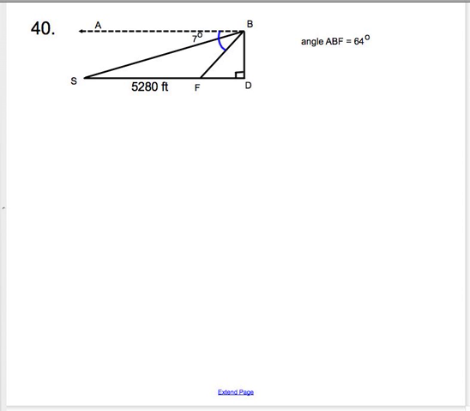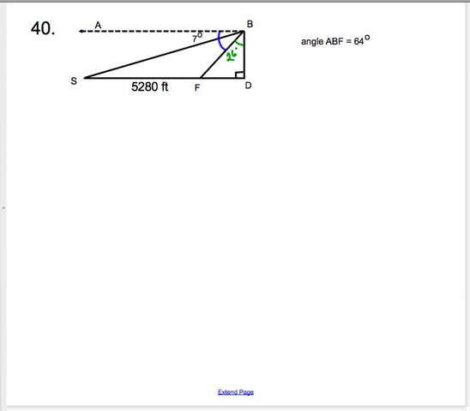Once I understand that, the second thing we have to recognize is that if that blue arc is 64 degrees, I can find the green one by doing 90 minus 64, and I'll figure out that the green angle is 26 degrees.